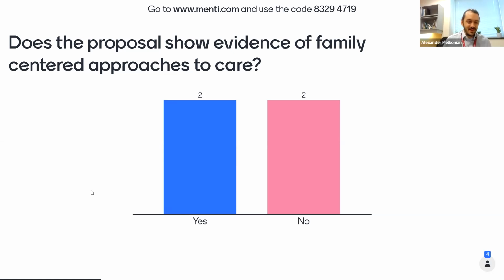Sure. It was a lot to take in, and it's taxing my short-term memory of the proposal. But I feel like they discussed how they take a collaborative approach and work within the system. And I maybe in my head conflated that with family-centered approaches. Okay.